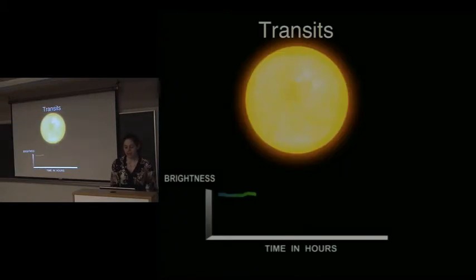Now, if the planet's orbit is serendipitously aligned with respect to us here on Earth, so that we see the planet pass in front of its star, by the fraction of the light that the planet blocks, we can get a measure of the planet's size in relation to the size of the distant star. So from this transit technique, we can get a measure of the planet's radius.